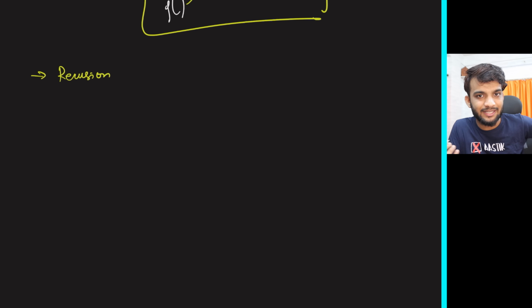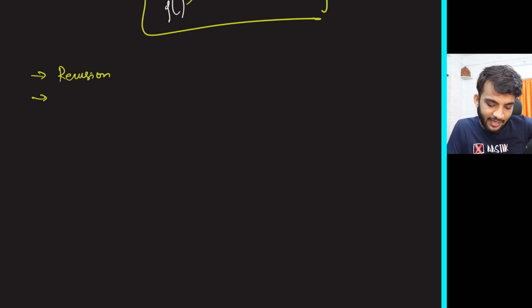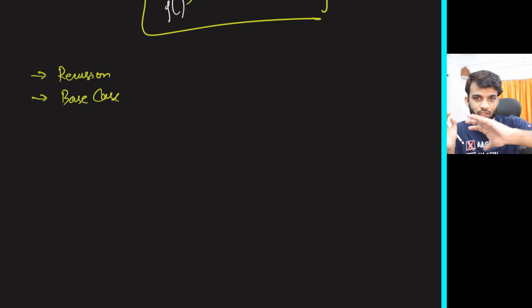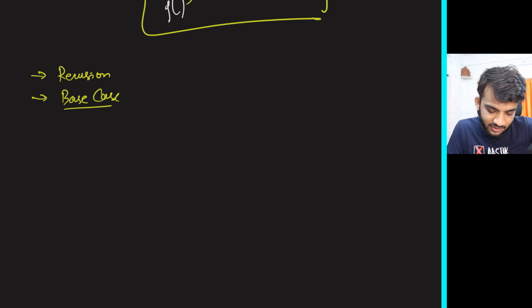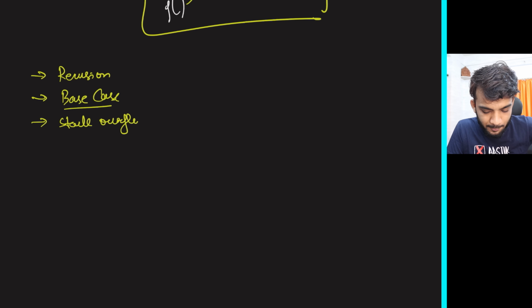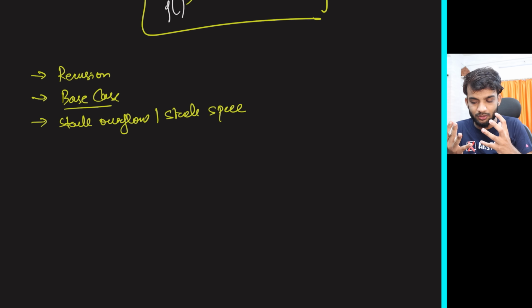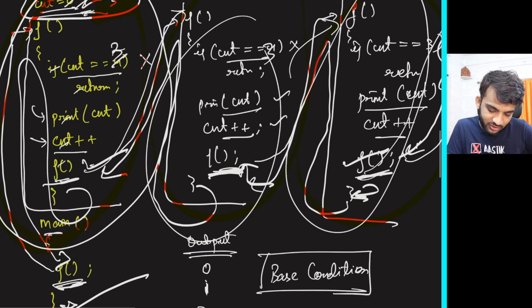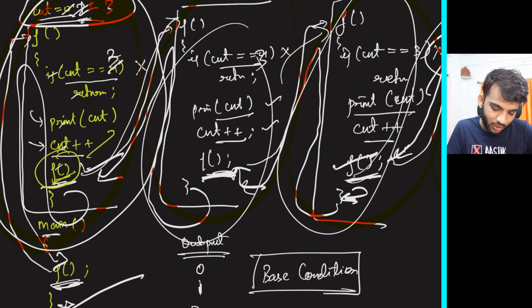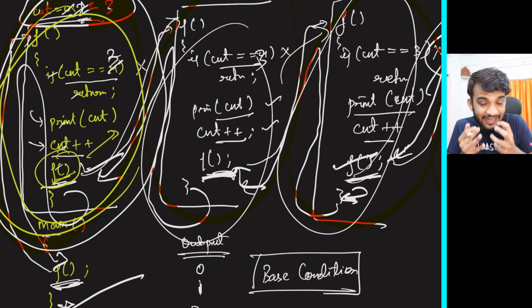So in order to summarize the class, I hope you have understood everything, like what is recursion, calling the function within itself, infinite recursion. After that, you have understood what is a base case. The moment you say that, hey, listen, you are not going to perform the below lines, you go back. There's no more recursion being called. Go back. So that is what the base case is. You also understood what is a stack overflow, a stack space. Stack space is the space where the remaining non-completed functions are stored, because this guy was called, so this function was yet to be completed.